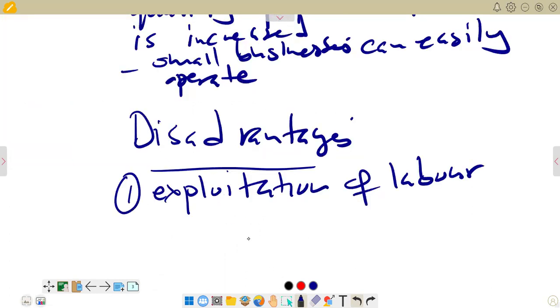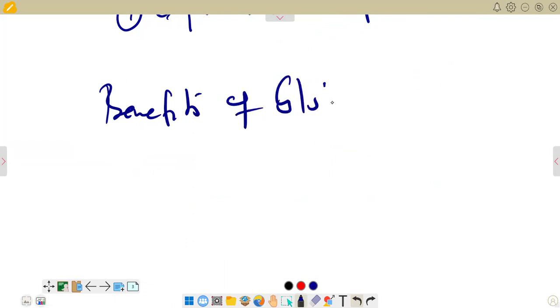So, on globalization benefits, these are just benefits of globalization. The first benefit that we can deduce from globalization is that it leads to free trade between nations.